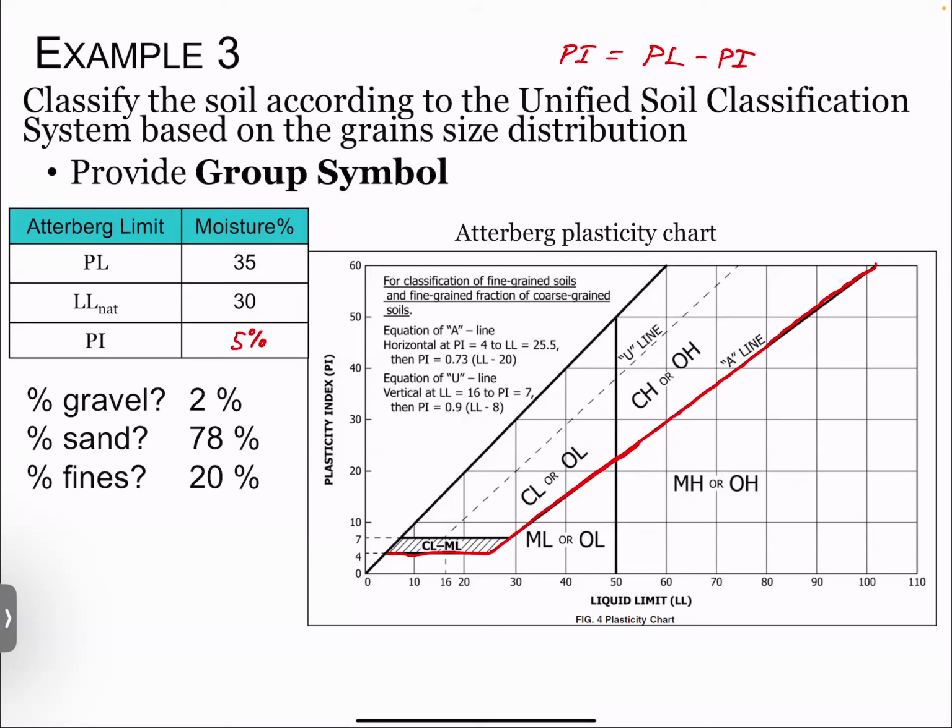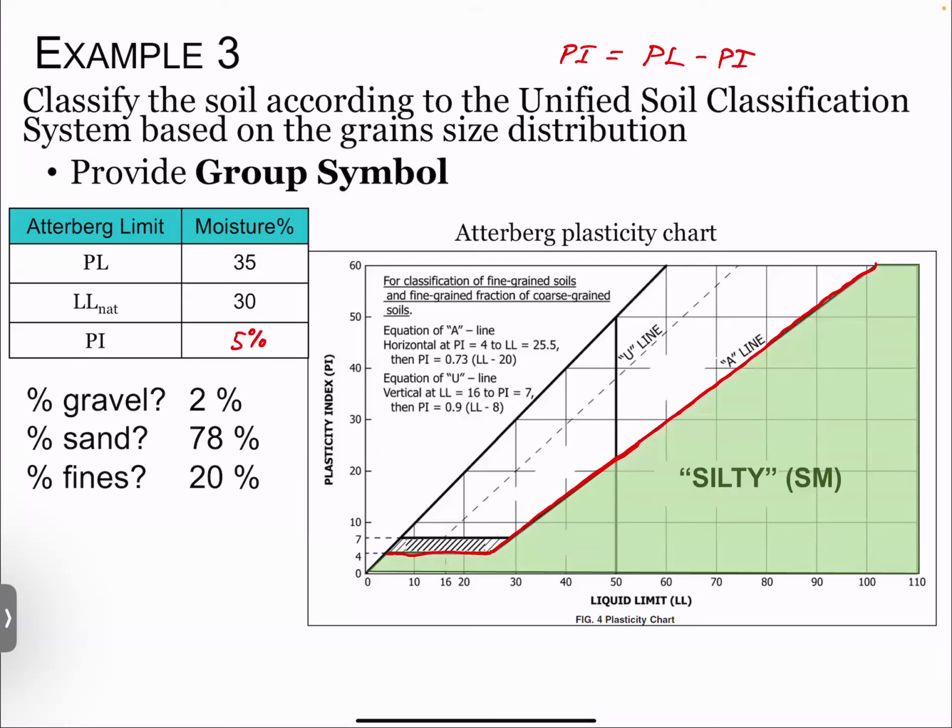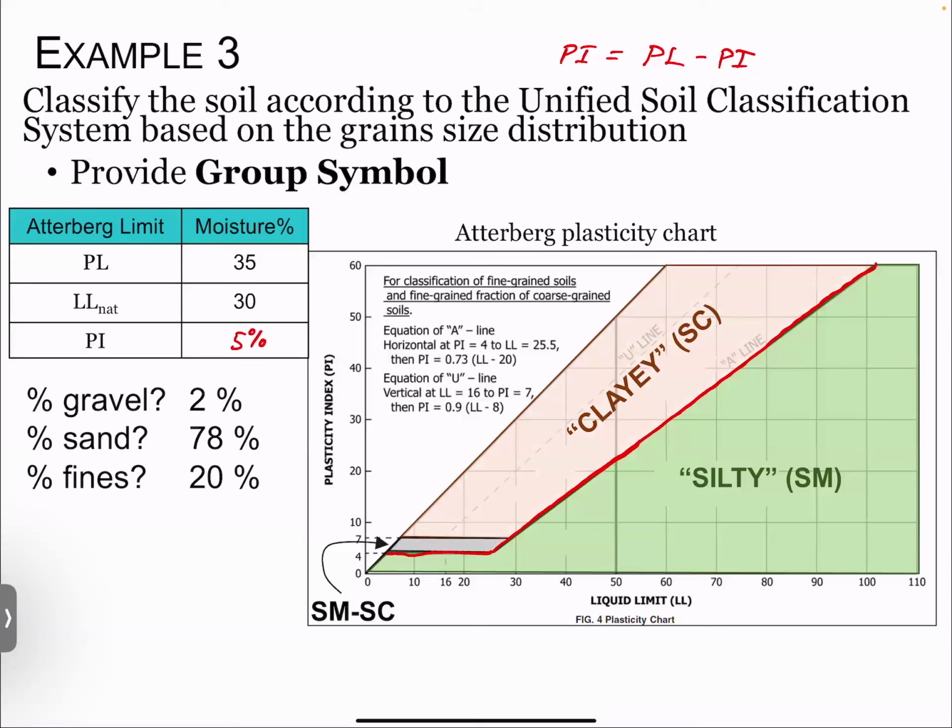The A line distinguishes between silty sand and clayey sand. So we get rid of all these. What this technically would look like is if it falls within this region, it's going to be silty. If it falls within this region, then it will be clay or an SC. And then we still have that little awkward region right here where we would call it an SM-SC.